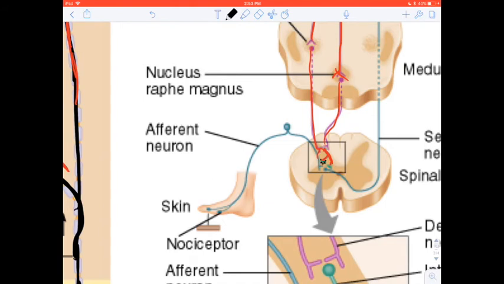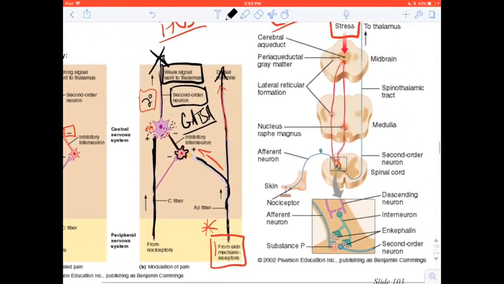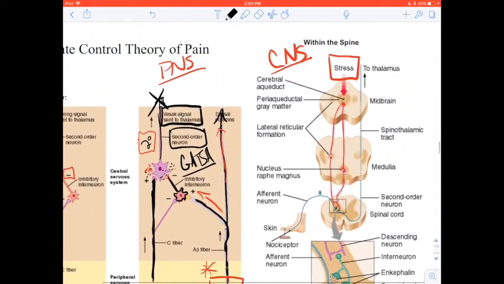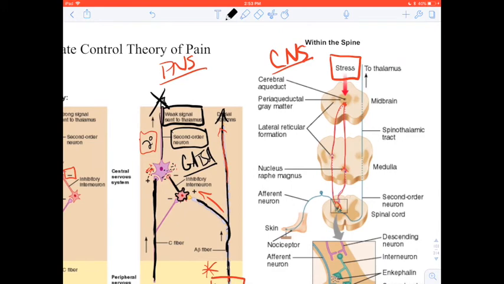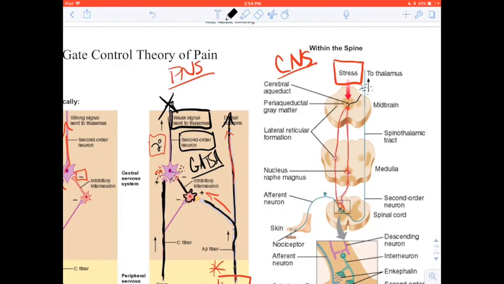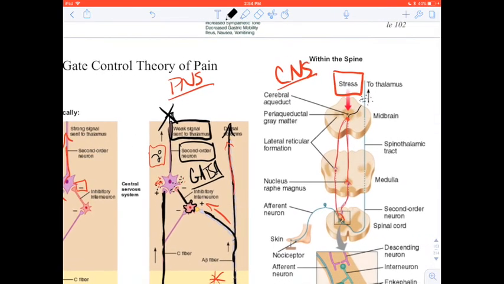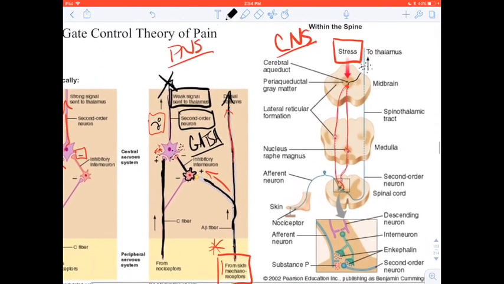It's going to release these neurotransmitters to help block that. But again, this time, it doesn't just happen here, we can also release those, this isn't showing, back into the brain. Right? And we release those neurotransmitters that keep it quiet. Right? But here in the central nervous system, we're going to release things like enkephalins.